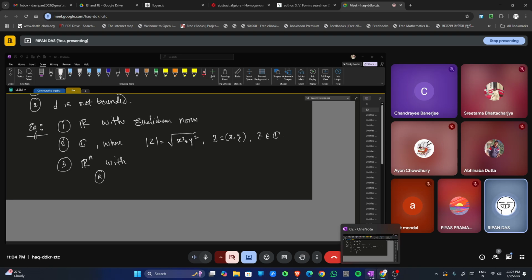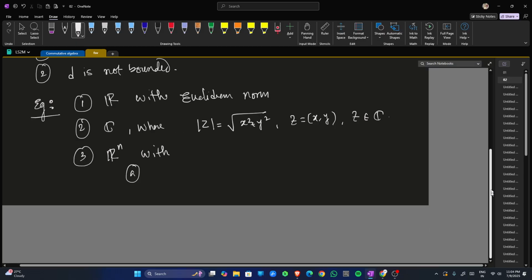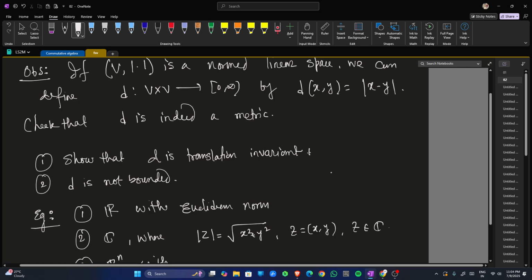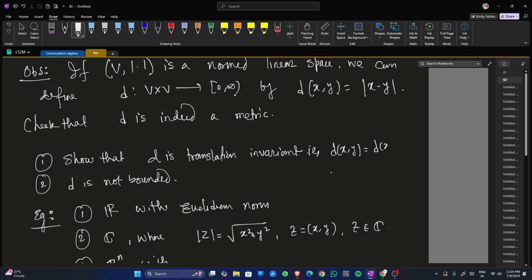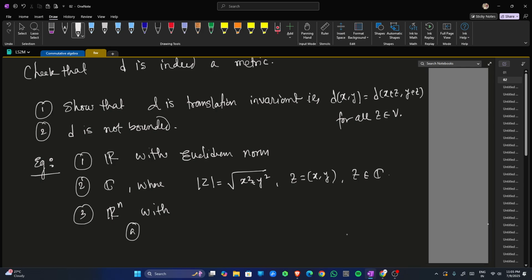So translation invariant means, that is d of x, y is the same as d of x plus z, y plus z, for all z belonging to V. It doesn't matter, you translate these two points and you get the same distance. With R^n.